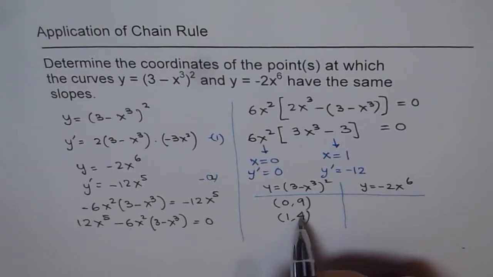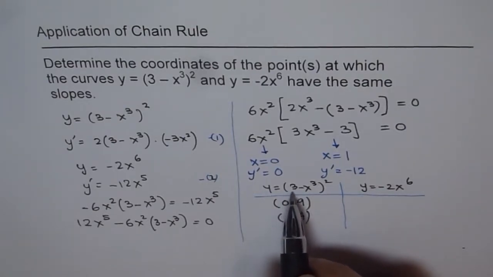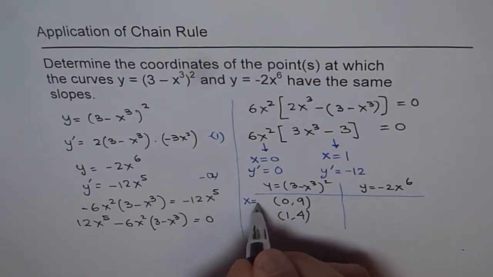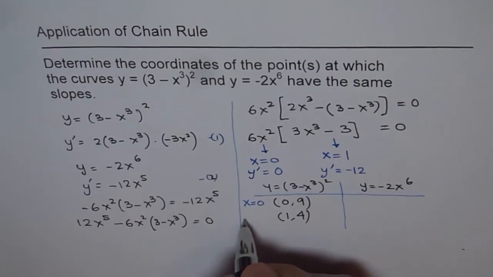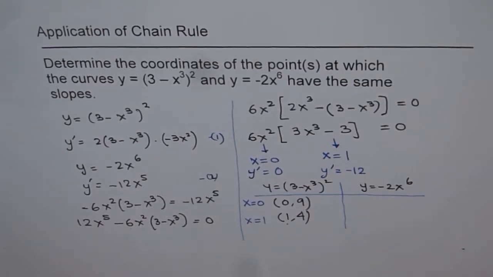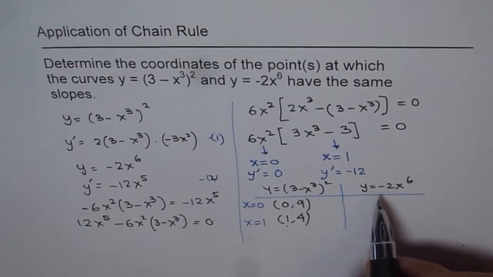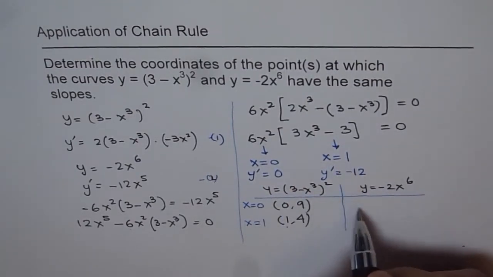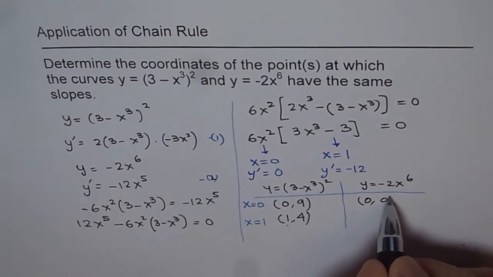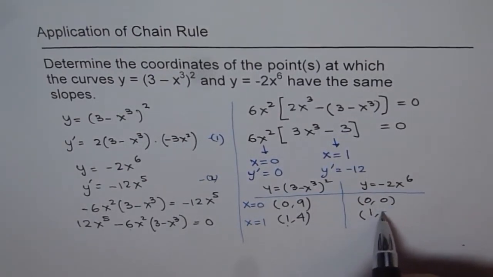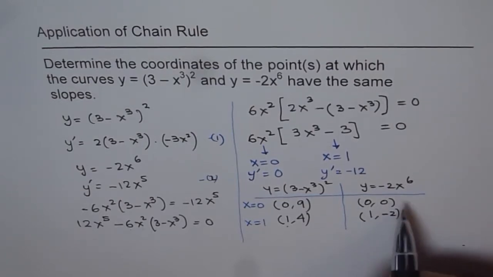So these are the coordinate points on the curve y equals (3 minus x cubed) whole squared, for x equals 0 and x equals 1. Now for the other curve, if we put x equals 0, we get the coordinate point (0, 0), and if I put x as 1, I get minus 2. So these are the coordinate points on the second function.